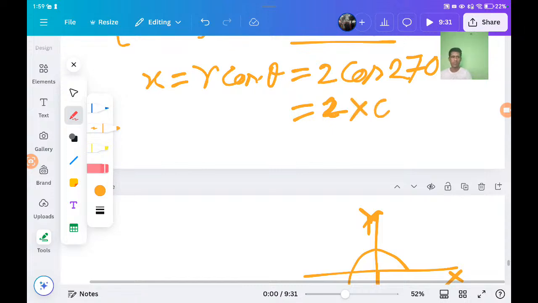Cos 270 degree equals 0, so we are getting 0.